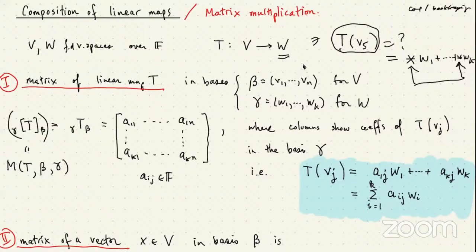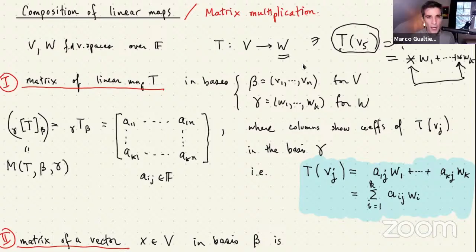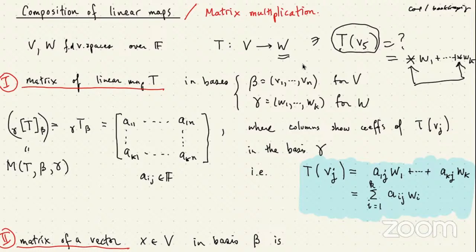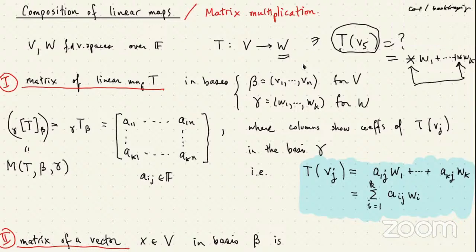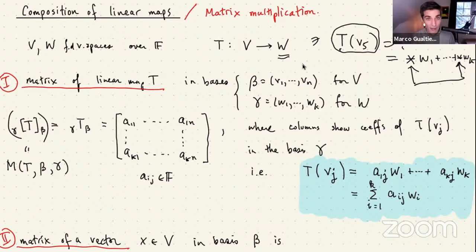I want to be clear that T of v5 is something in gamma, right? Not in gamma. It's a vector in W, so it's in the span of gamma. It will be some combination of the vectors in gamma, because the span of gamma is W.